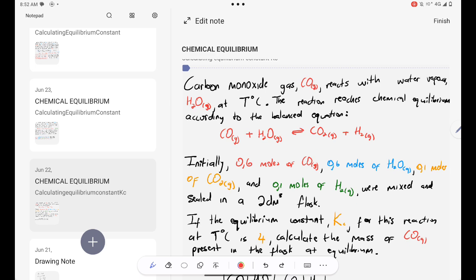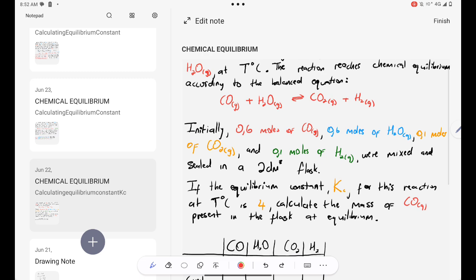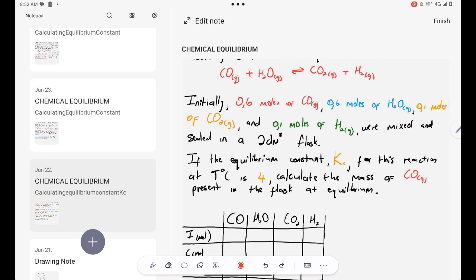Okay, we are told that carbon monoxide gas reacts with water vapor at a temperature of T degrees Celsius. The reaction reaches equilibrium according to the balanced equation. Initially 0.6 moles of carbon monoxide, 0.6 moles of water vapor, 0.1 moles of carbon dioxide, and 0.1 moles of hydrogen were mixed in a sealed flask, which is just 2 cubic decimeters.